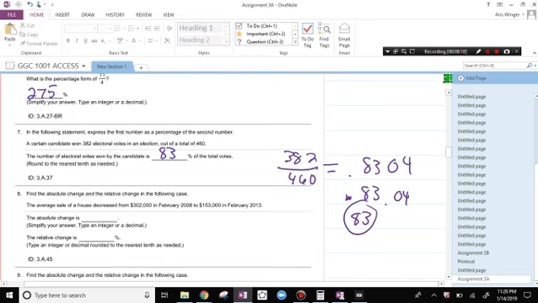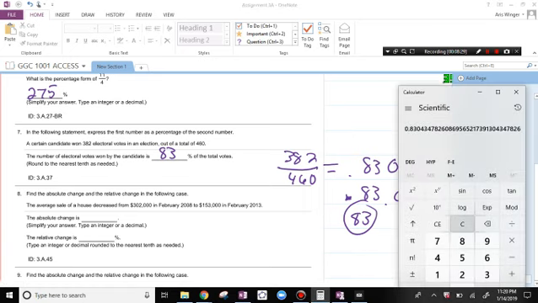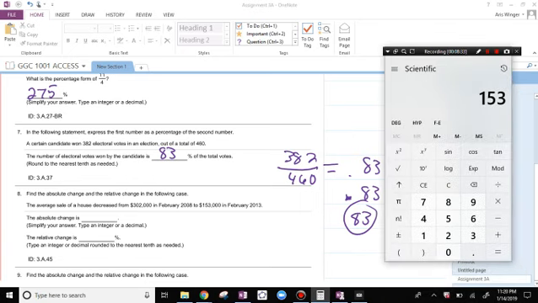Find the absolute change and the relative change in the following case. So the house went from 302,000 to 153,000. So new number minus the old number, 153,000 minus 302,000, negative 149.